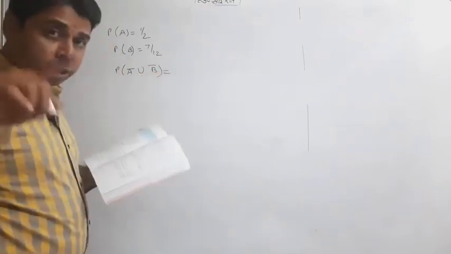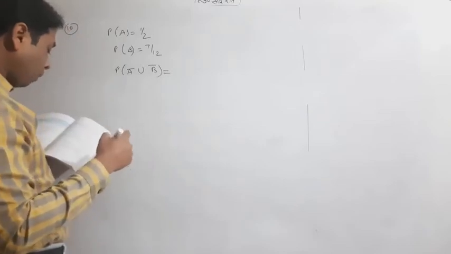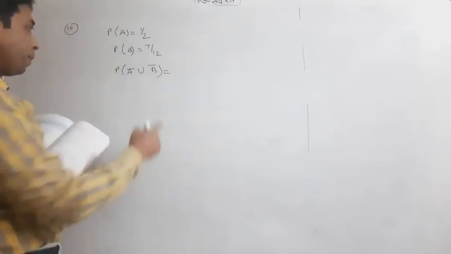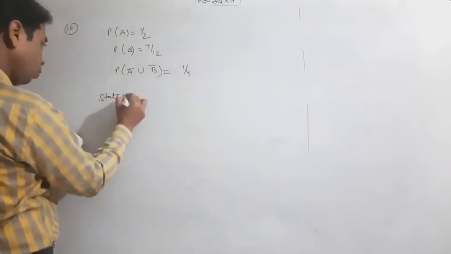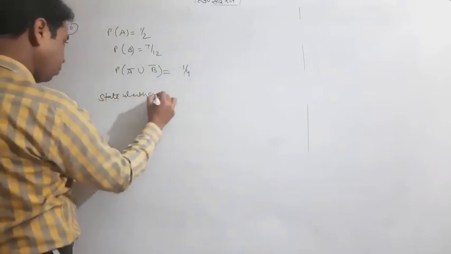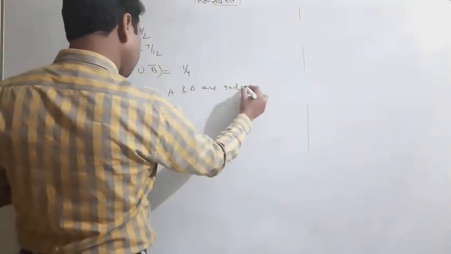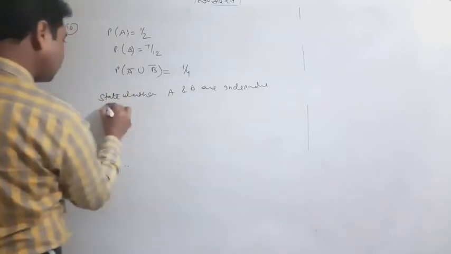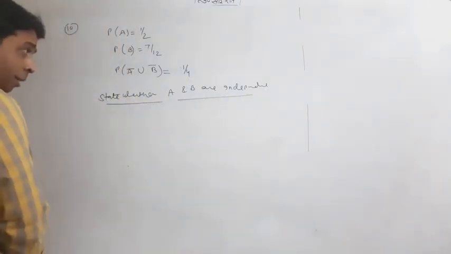The word or is used, so I am using union here: A not or B not, not A or not B. State whether A and B are independent. Can you catch the question? Lastly, what is told? We have to show whether A and B are independent.